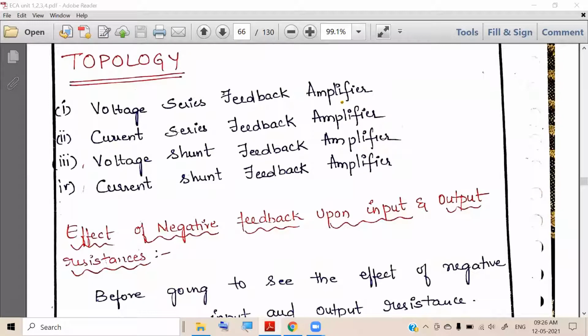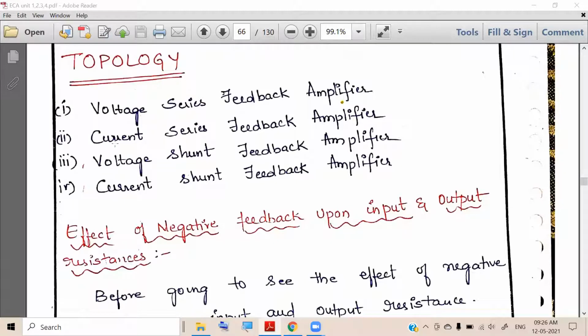Now remember, any series connection represents voltage. In the first case, the output is voltage and connected in series at the input side. Whereas in the second case, we represent the output in the form of current, whereas series mixing represents voltage.